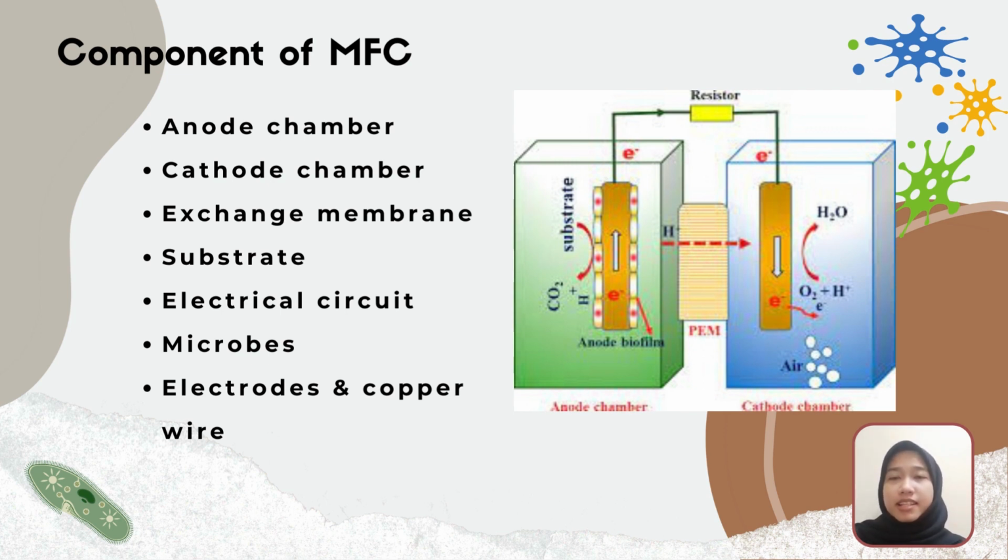Protein, volatile acids, carbohydrates, wastewater, and cellulose are examples of organic substrates that can be used in microbial fuel cell, but the most used substrate is acetate. The microbes used are based on the bacterial culture, such as Geobacter sulfurreducens, and mixed bacterial cultures such as Sulfurospirillum.